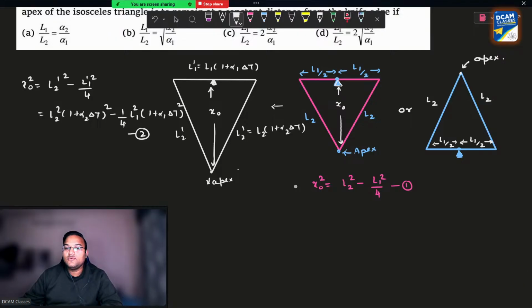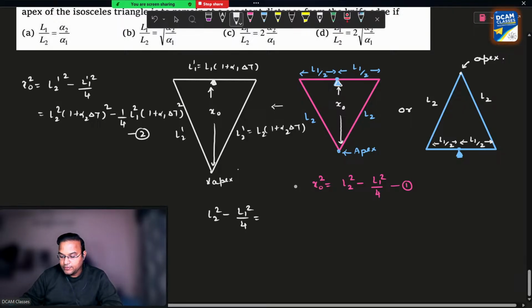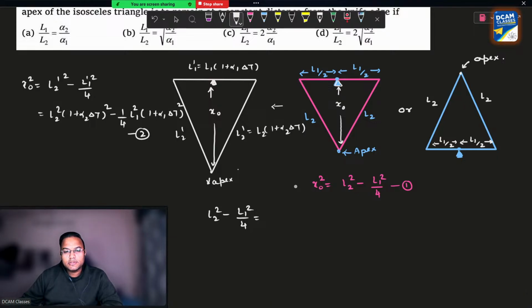Now let me check. L2 square minus L1 square by 4 is equal to, I think, they're using approximation or what? I don't think so.